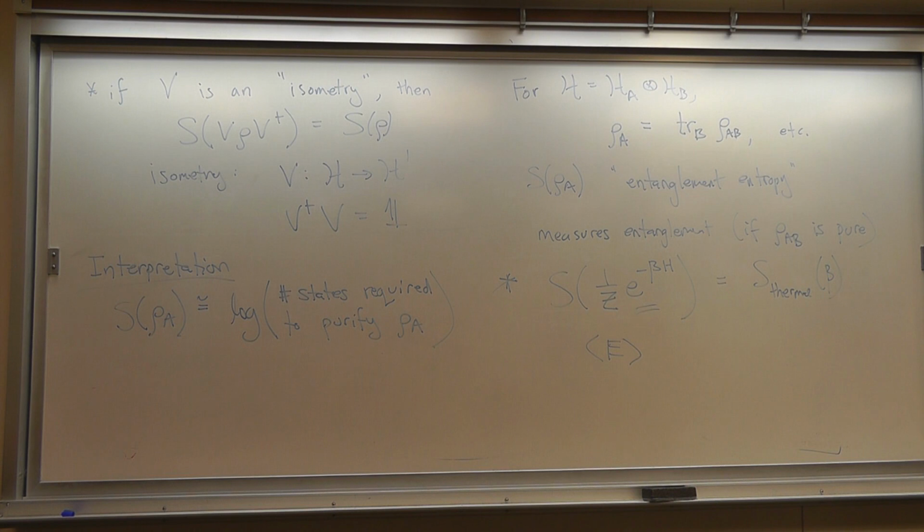The usual thermal ensemble is the density matrix that maximizes the von Neumann entropy subject to that constraint. And other kinds of coarse-grained entropies are just defined by putting in other constraints. For example, we could constrain the charge or other things like that. Okay.